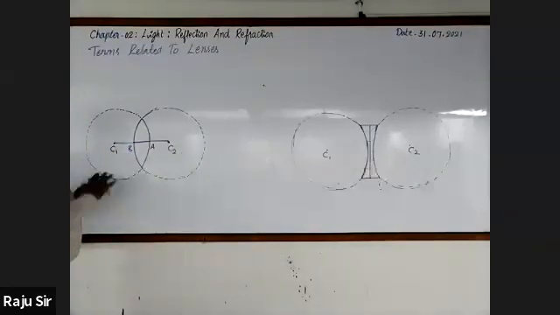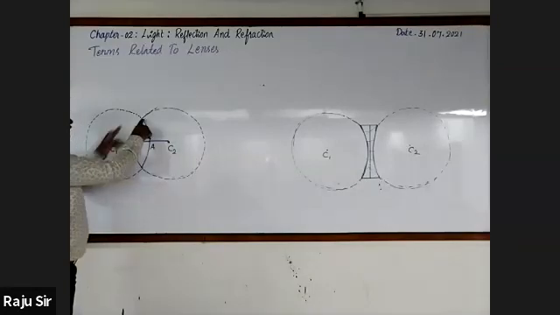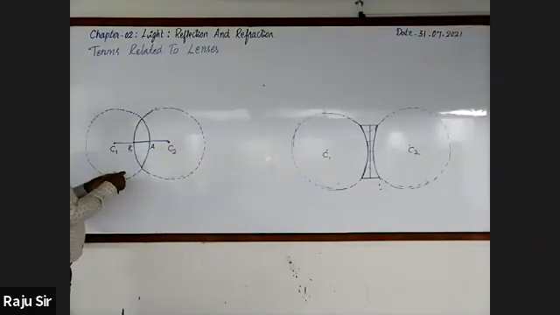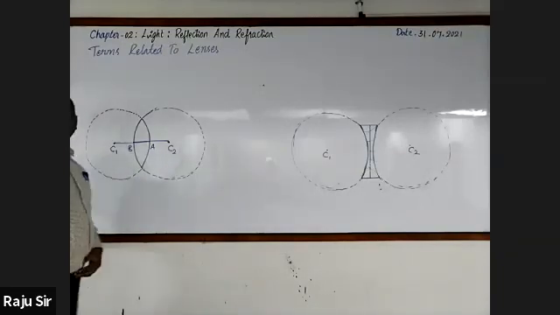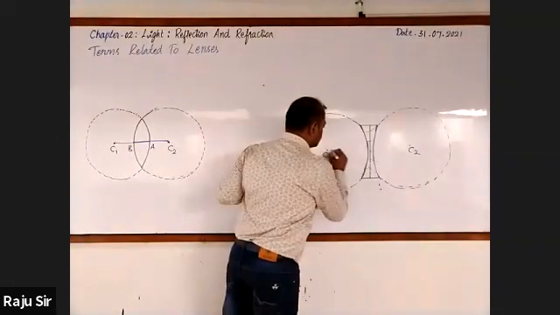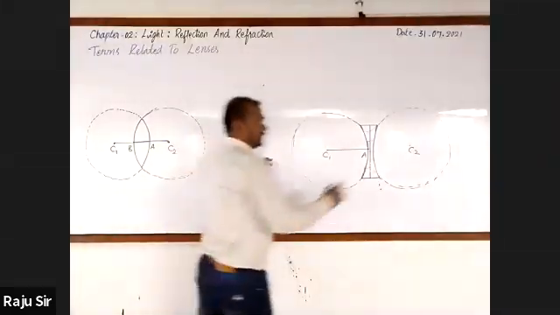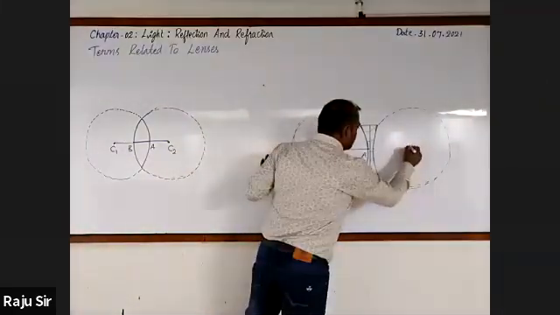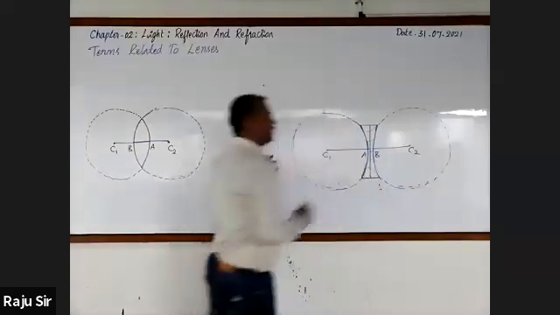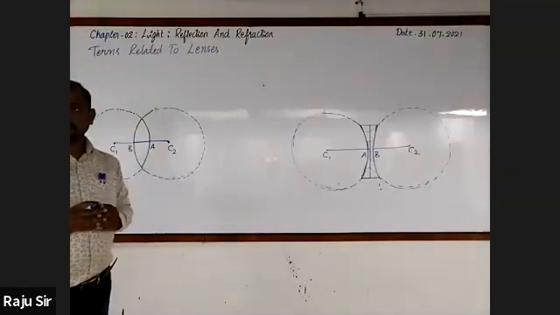So these two are radii. The radii of the two imaginary spheres of which the surfaces of a lens are parts are called radii of curvature. Similarly, there I mark this radius of curvature C1A and C2B. This is also a radius of curvature of the concave lens. Clear?